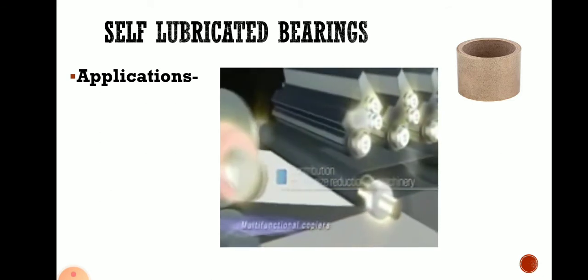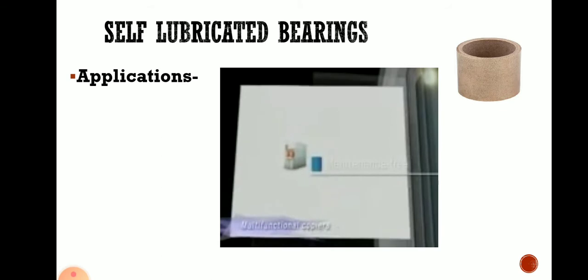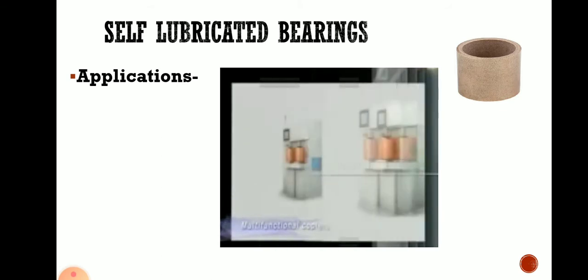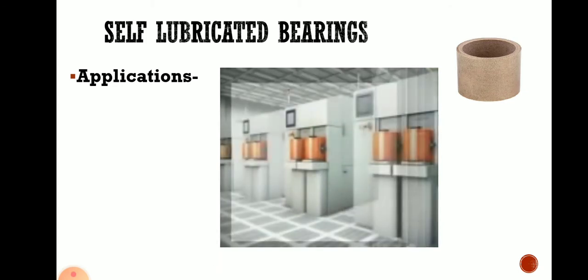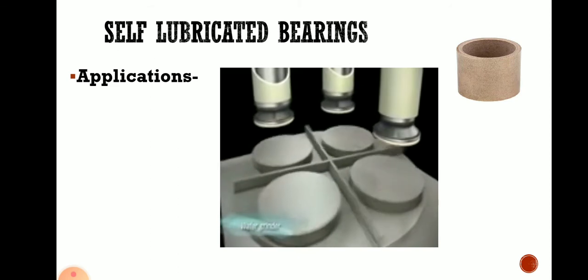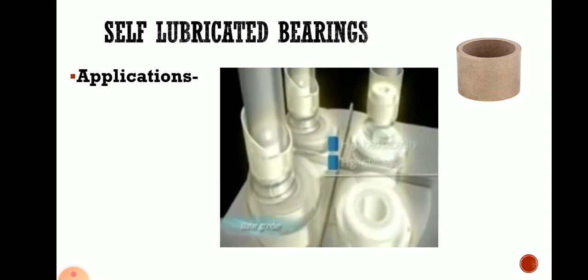There you are not supposed to use a lubricant. That lubrication is provided by the self lubricated bearing only. There are many such applications in textile industries also, and in compression machines also, where self lubricated bearings are used.